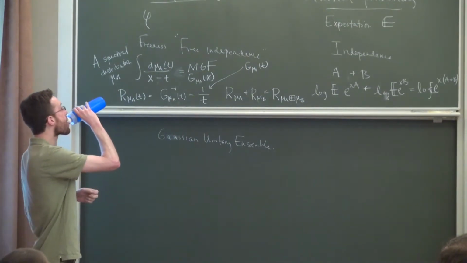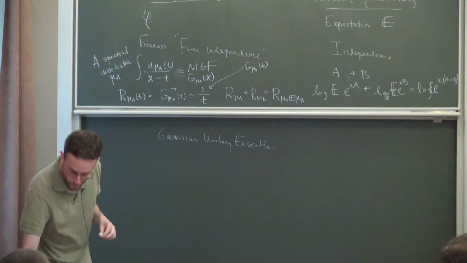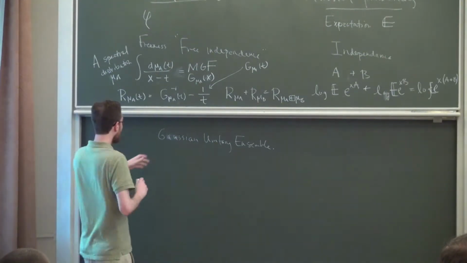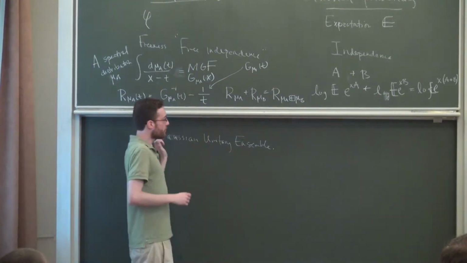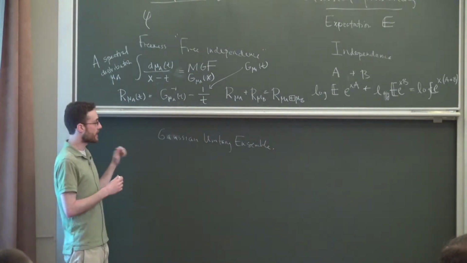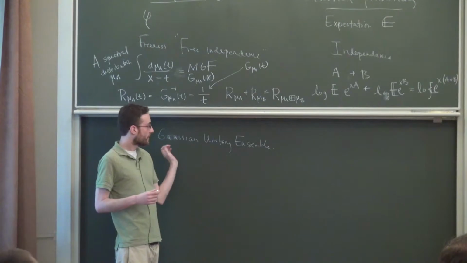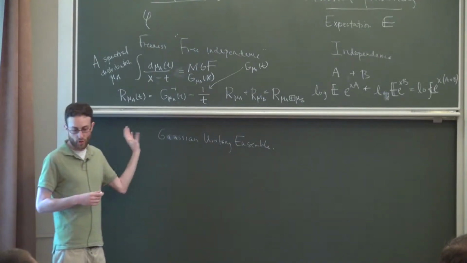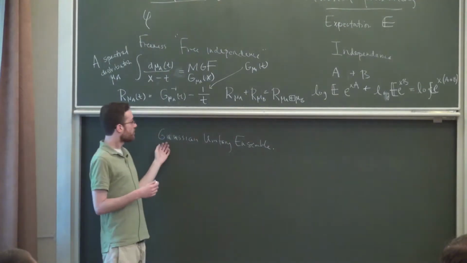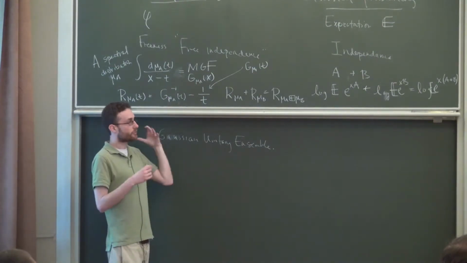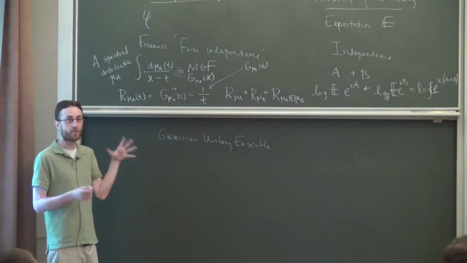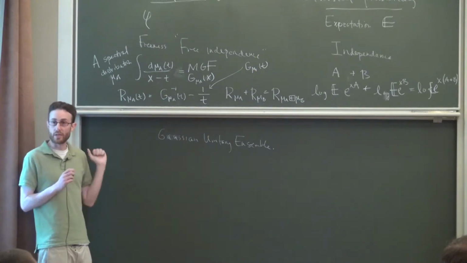So I've already mentioned one of the reasons why this is sometimes difficult to work with. This is a very good tool for trying to understand random matrices. The problem is that in order for things to act freely, you have to be in an infinite dimension, essentially.